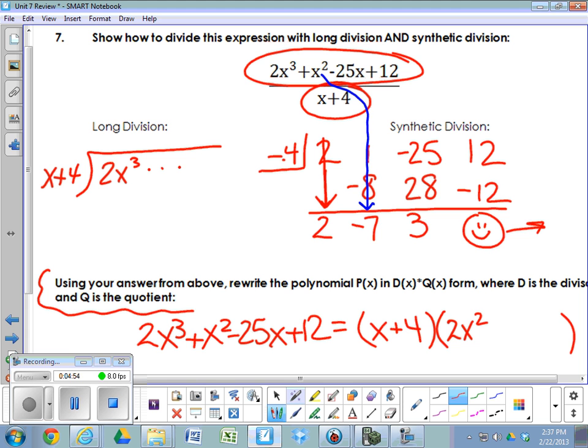You take each degree down 1, or each exponent down 1, minus 7x, because there's a minus 7. Okay? The negative 25 was in the x column. Now it's the constant, plus 3. And the constant that we had is now gone because our remainder was 0. If there was a remainder, you would have to add it onto the end and put it over the divisor. More on that in Unit 8.